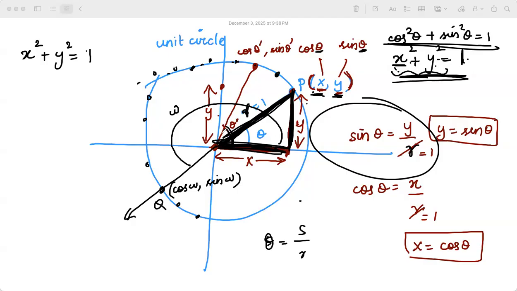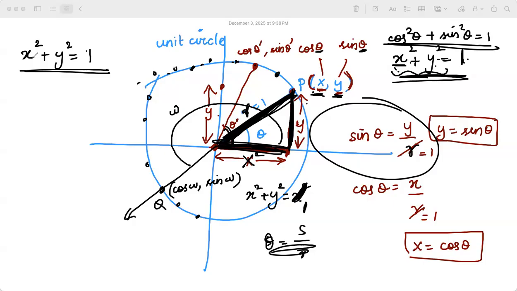By Pythagoras theorem, the sum of the squares of the legs equals the hypotenuse square, correct? Now, R was 1, so can I substitute this equal to 1? That's where I got x square plus y square equal to 1 by using a right triangle within the unit circle.